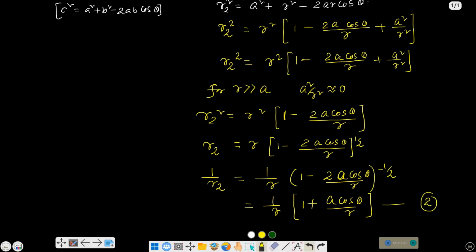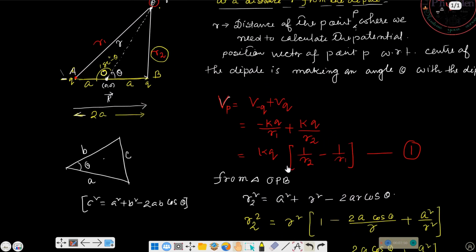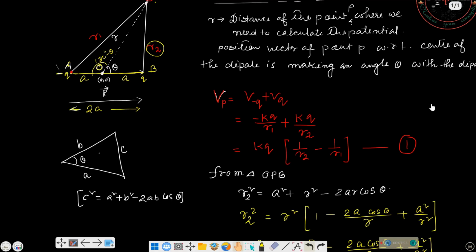Similarly for r1, from triangle OAP, r1 square can be written as a square plus r square minus twice ar cos of 180 minus theta. This is the 180 minus theta angle.